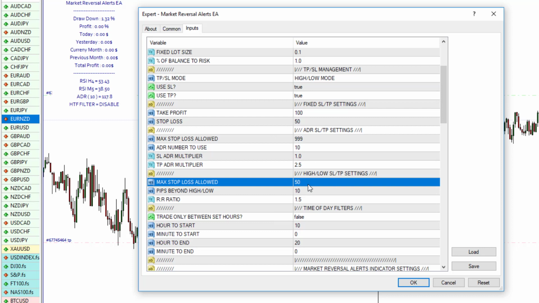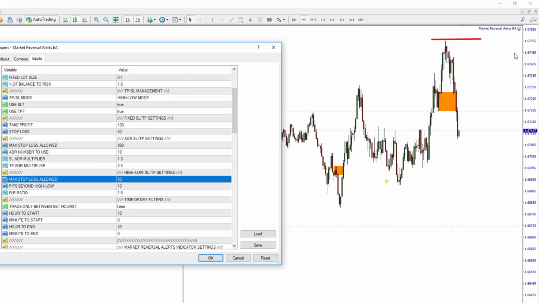High-low mode will, again, take the maximum stop loss calculation into account. It will put a stop at the most recent high before the market reversal alert is put in on the EA. As you can see here in this case, the high before the reversal alert was put in was here.